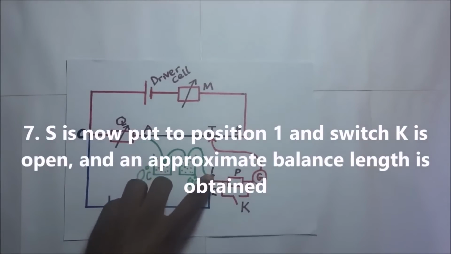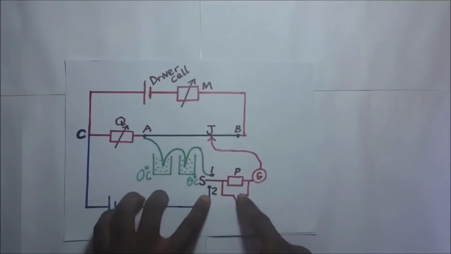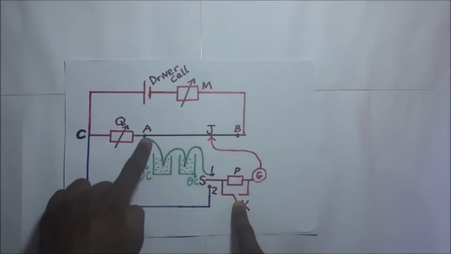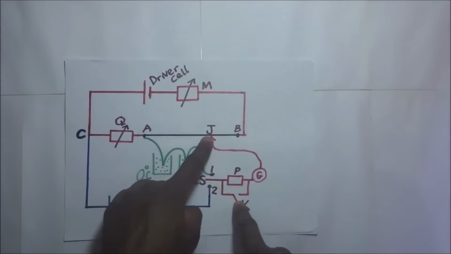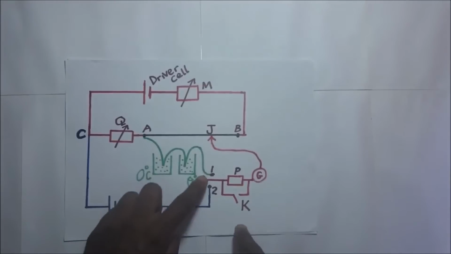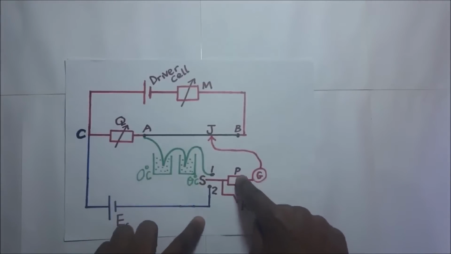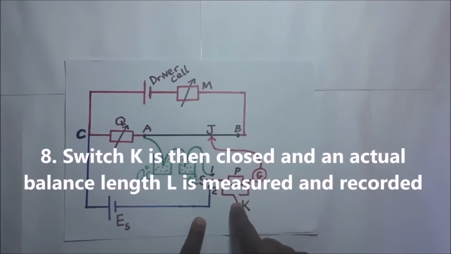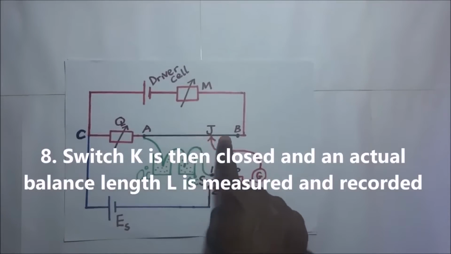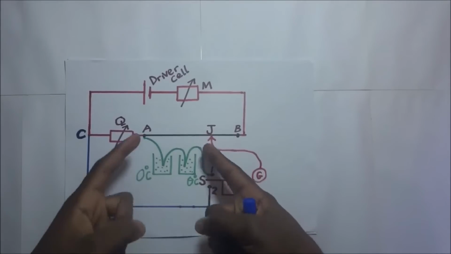When we put S in position 1, while K is open, we move the sliding jockey along AB and obtain an approximate balance point. After getting an approximate balance point, we bypass the protective resistor by closing switch K, and then we continue tapping the jockey along the length AB until we get the accurate balance point.